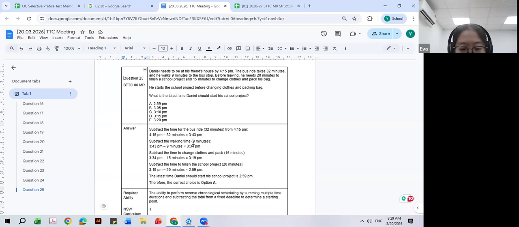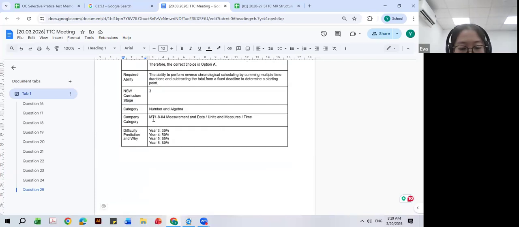Then we subtract the time to change clothes and pack. We will have the time, and finally we will find the time to finish the school project is 2:59 p.m. So we choose it. Common category MT1 A0 for measurement in data unit and measures time.